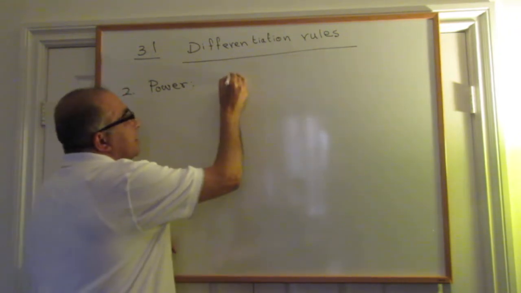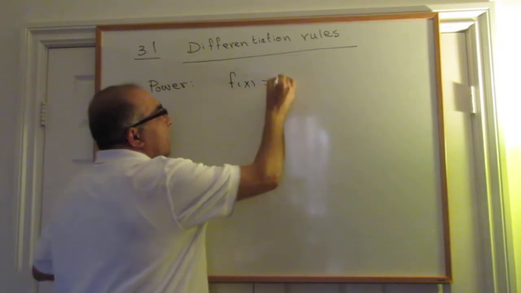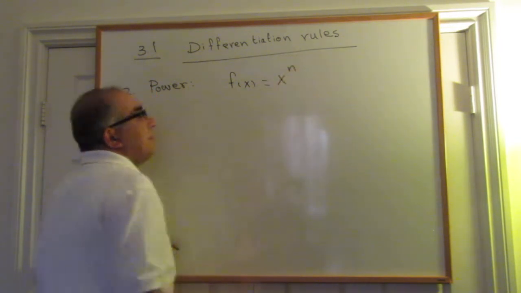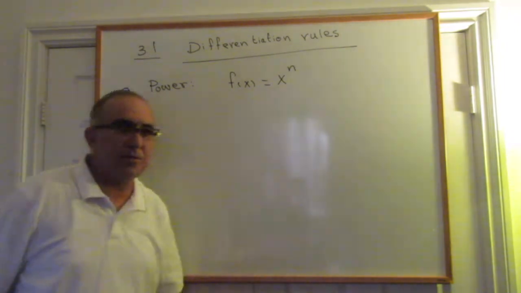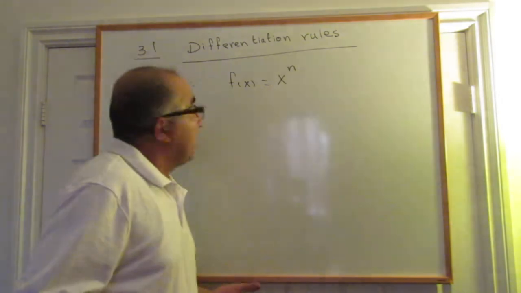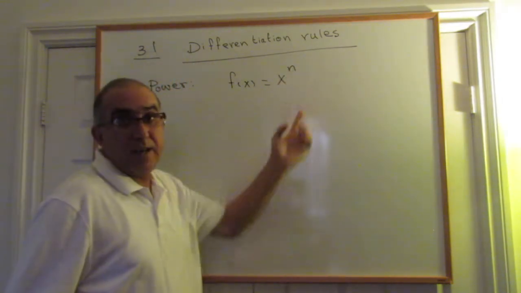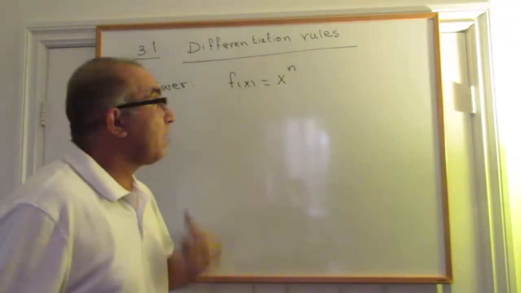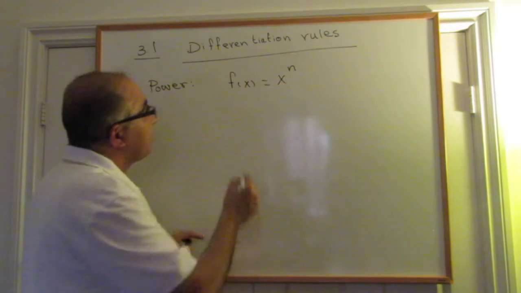If a function is given in this form for you, f of x equals x to the power of n, any number, for example, x to the power of 2, x to the power of 3, x to the power of 4, x to the power of 100, any number, x to the power of n. What is the first derivative, or how to find the first derivative of a power function?